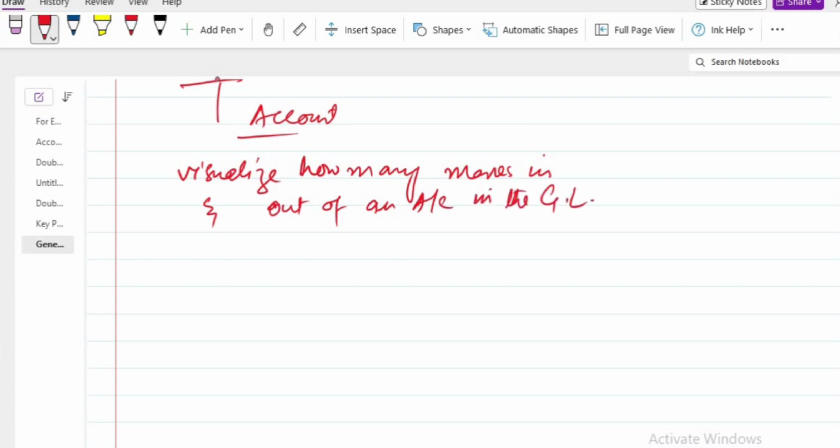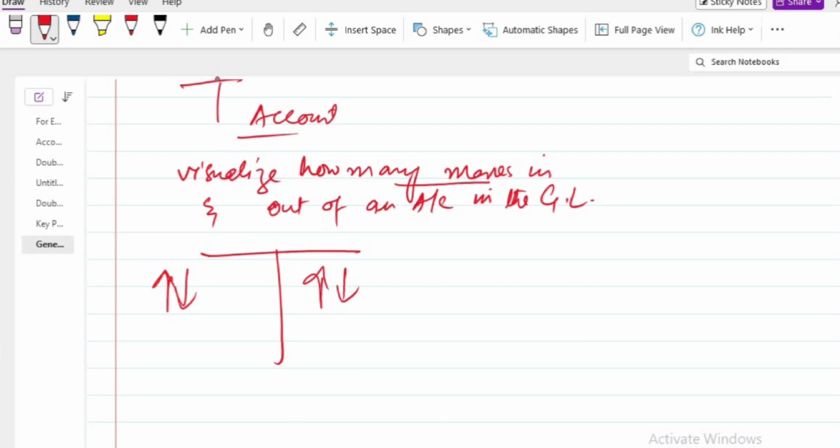It looks like a big T and helps you see increase and decrease clearly. Clear?